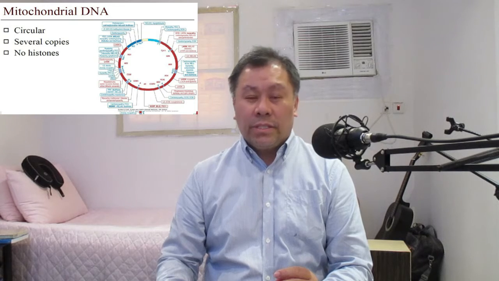We have the mitochondrial DNA, which is circular, with several copies and no histones. So the function of DNA now, we have gene expression. When you hear gene expression, that is in parallel with the terms transcription and translation.